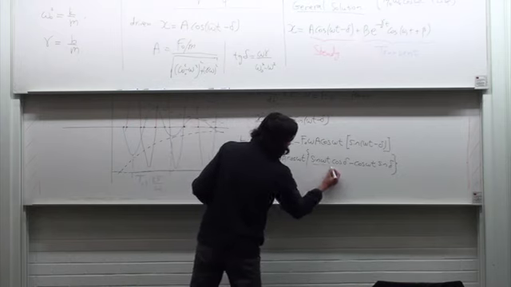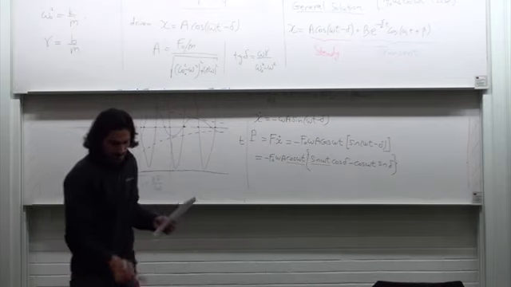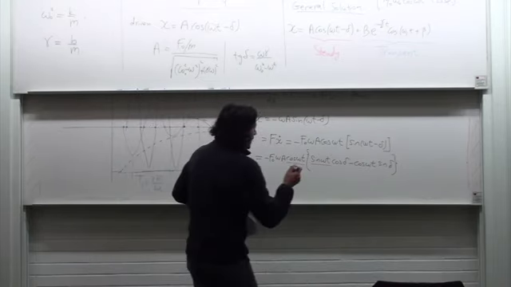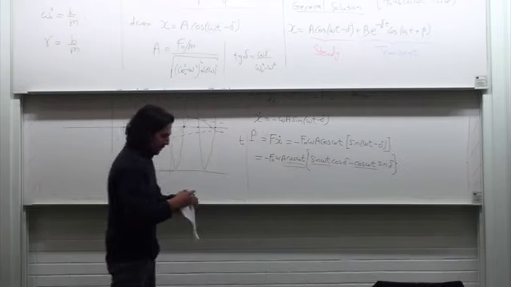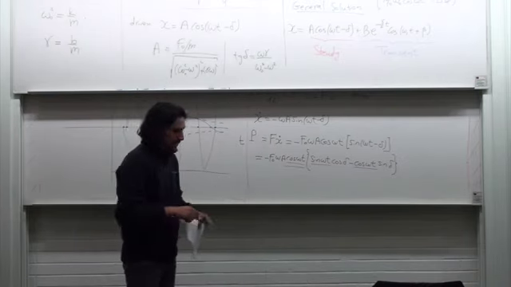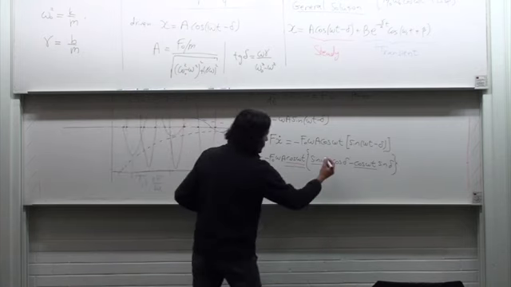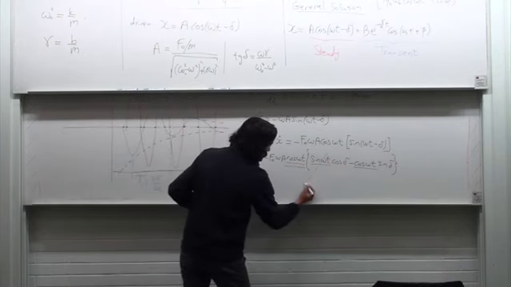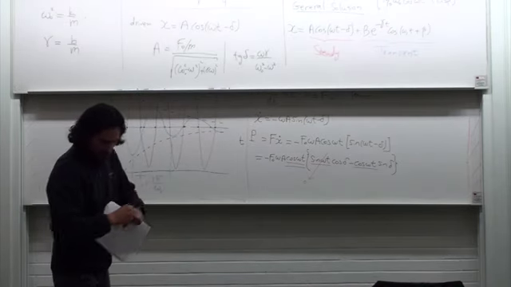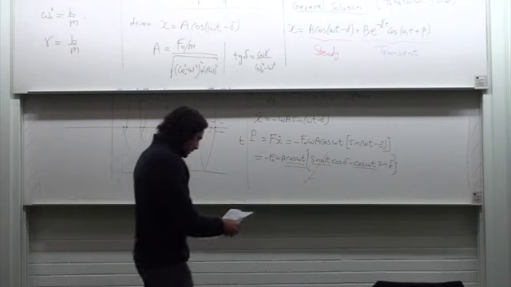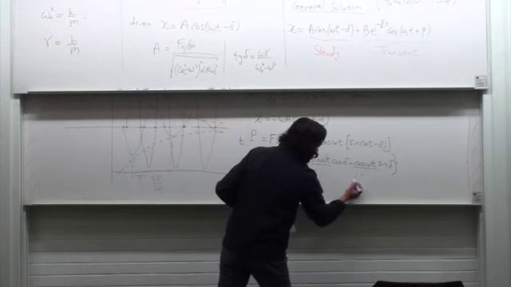There is sine(omega t) times cosine(omega t) on one hand, and there is cosine(omega t) times cosine(omega t), so cosine squared(omega t). The average for the first is 0, and the average of the second is 1/2. So this gives 1/2.